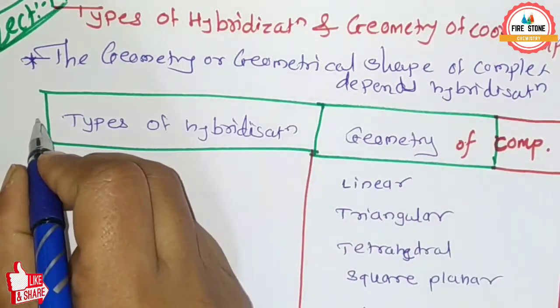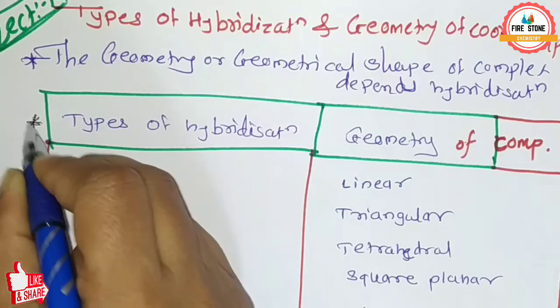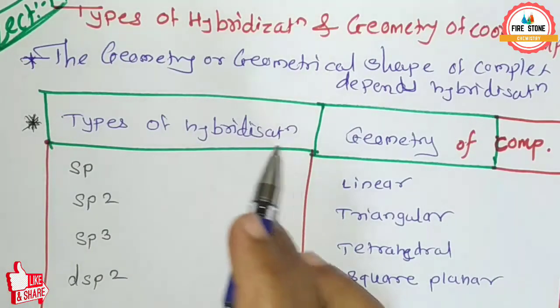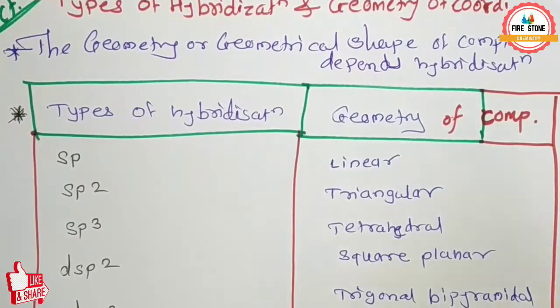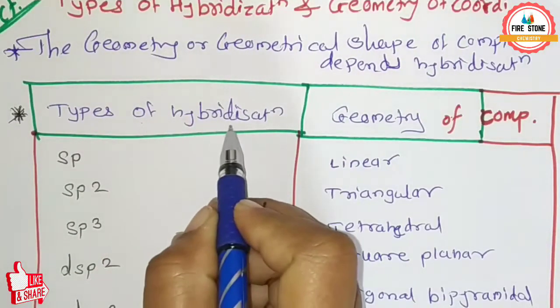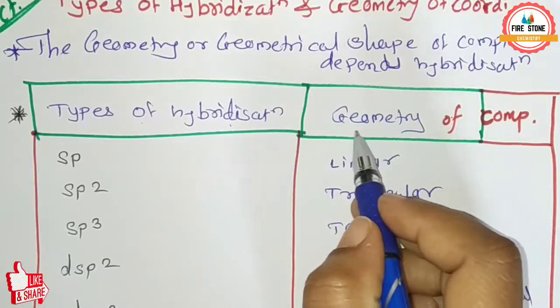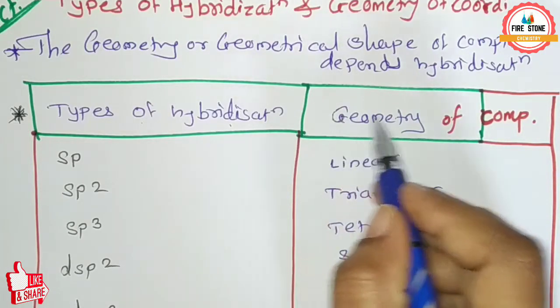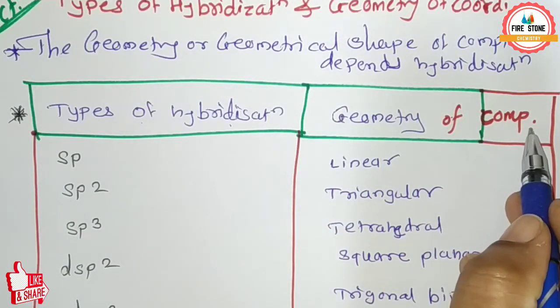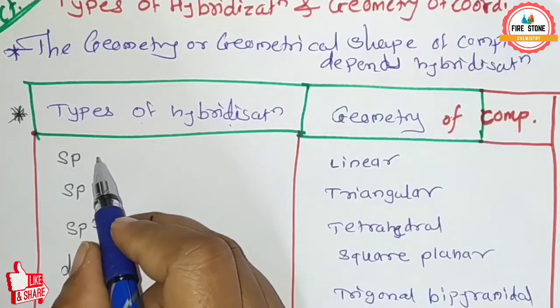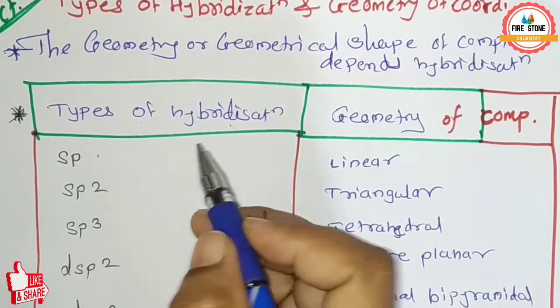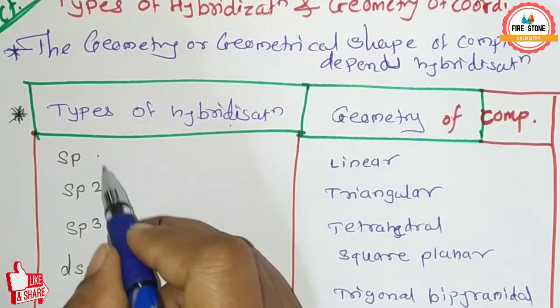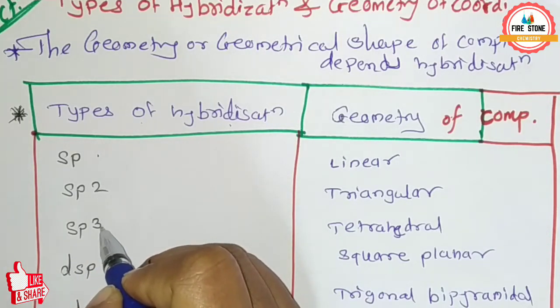Here we see the table, which is also important. The table is about types of hybridization and how they decide the geometry of the compound. First, we all know that there are three hybridizations: sp, sp2 and sp3.